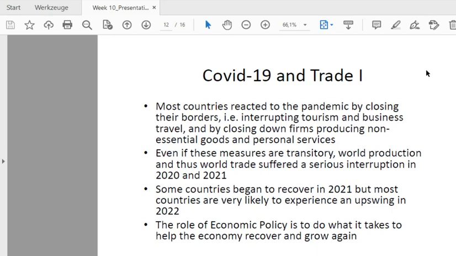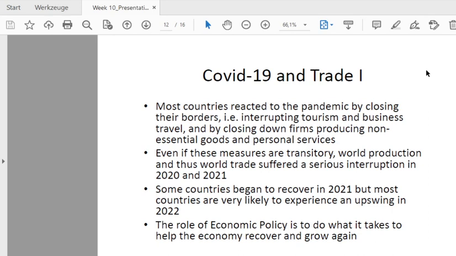So the first measure is to protect the health of the citizens, and after this has been successful, try to get enough vaccines so that everybody can be vaccinated. This is very, very important.